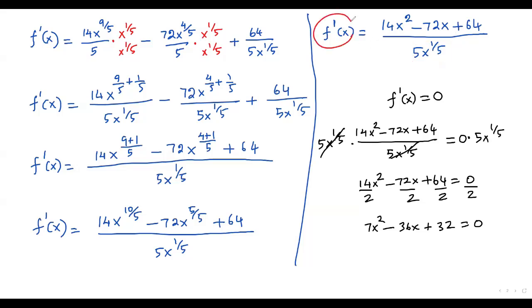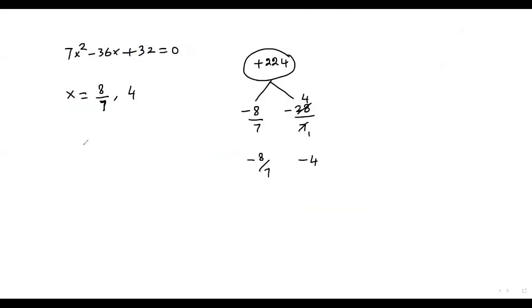So f prime of x becomes undefined. So x equals 0 makes f prime of x undefined, and that x value should also be considered a critical number. So now for this function, we have three critical numbers. Already we got the two critical numbers, 8 over 7 and 4, and the third critical number is 0, which makes f prime of x, the first derivative, undefined.